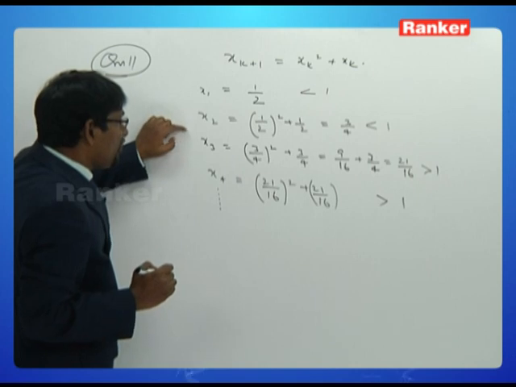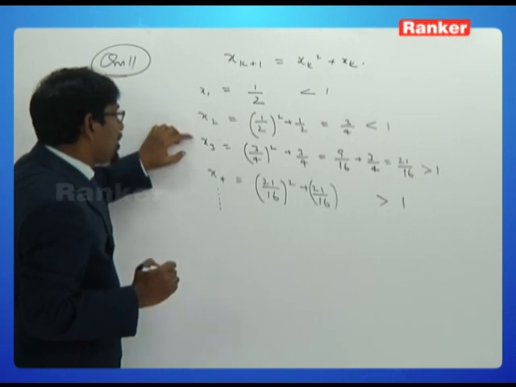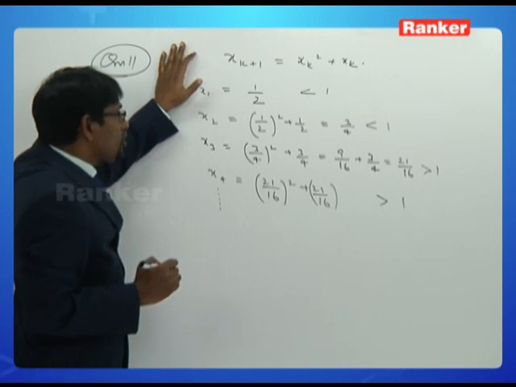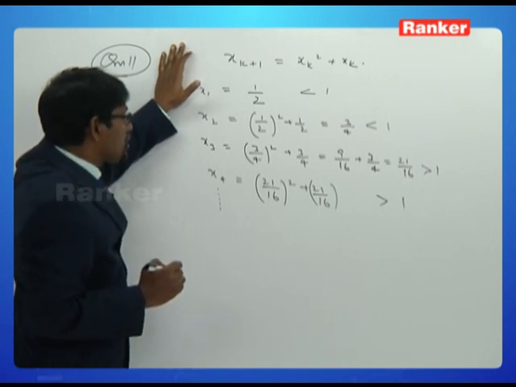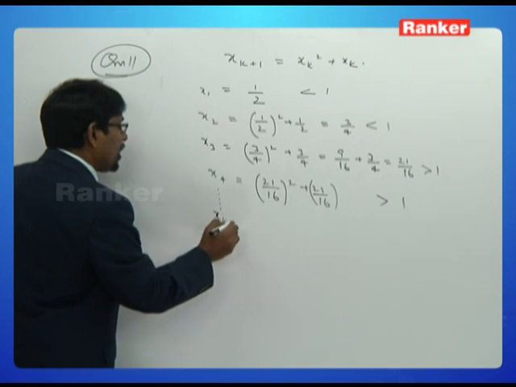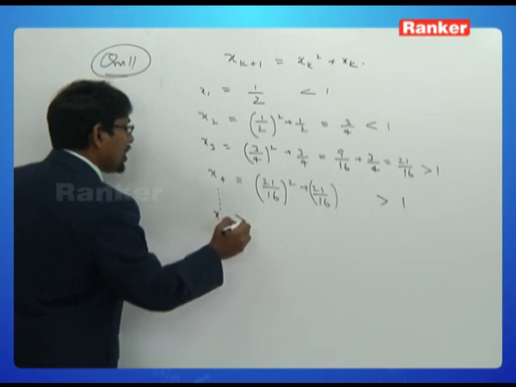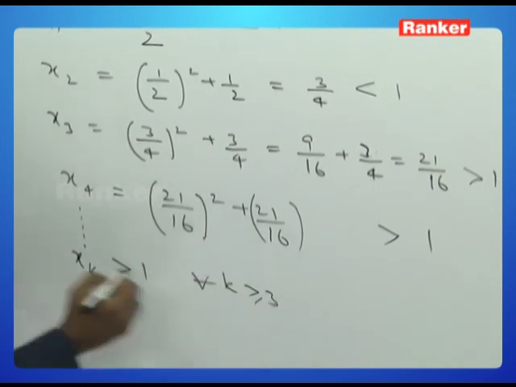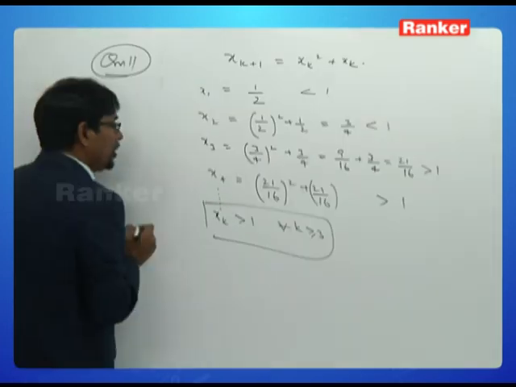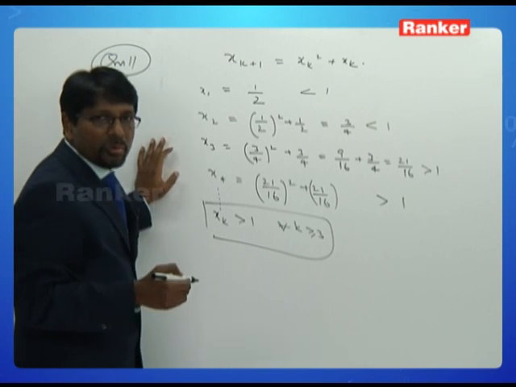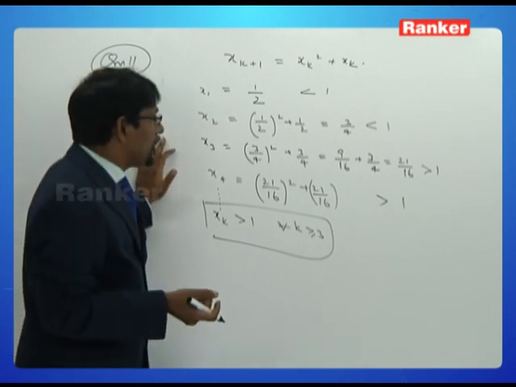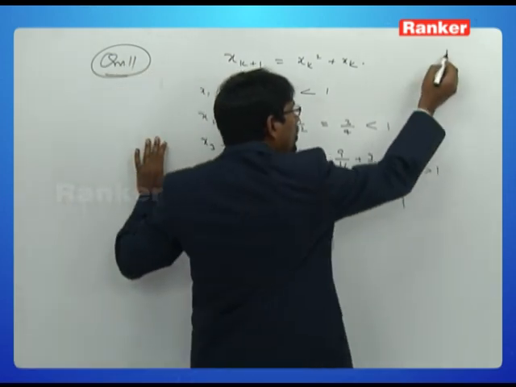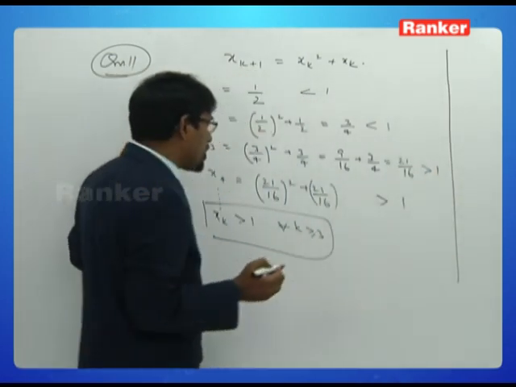Now, from the third term onwards, we find that all the terms of the sequence so generated satisfy xk greater than 1 for all k greater than or equal to 3. This is one observation which will help us in doing the problem at a later stage. So let's see how we go about doing this problem.